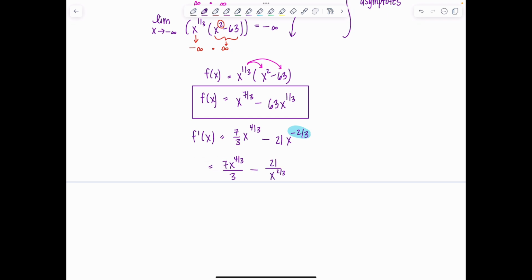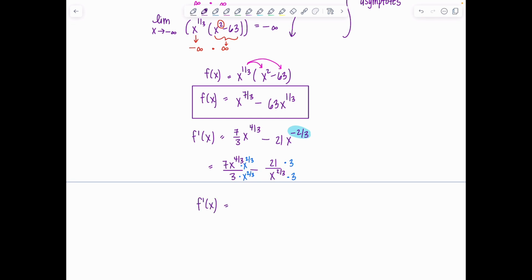How are we doing? Okay, now what would my common denominator be? Look at these two terms. Just 3x to the 2/3, right? Very good. So I'm going to multiply this first term by x to the 2/3, top and bottom, and then the second one by 3. So now let's see what we've got going on.